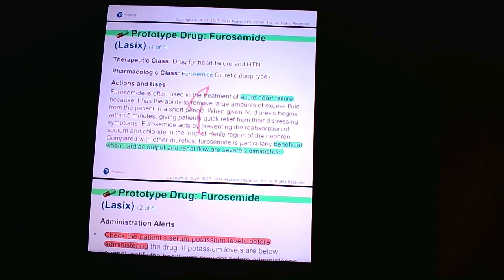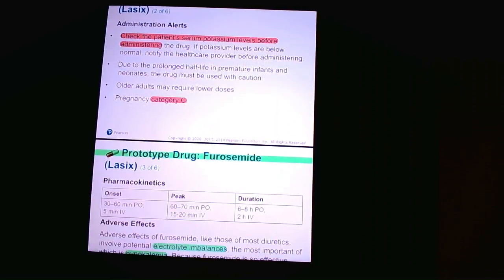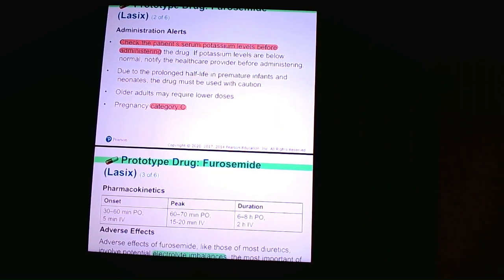It increases cardiac output because in heart failure the heart can't really work hard anymore. And then renal flow, you increase it by basically doing the kidney's job in a way, right, to make urine. Always check your potassium before giving. That is something we know, especially from Pharm Lab.